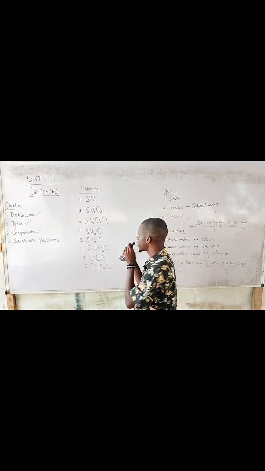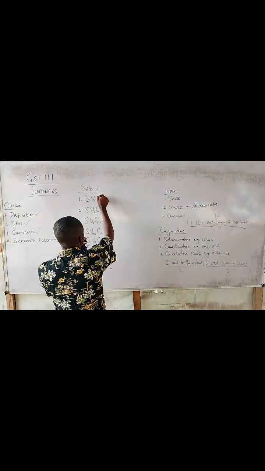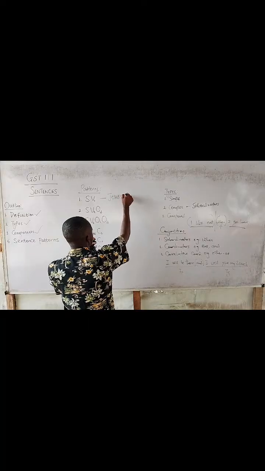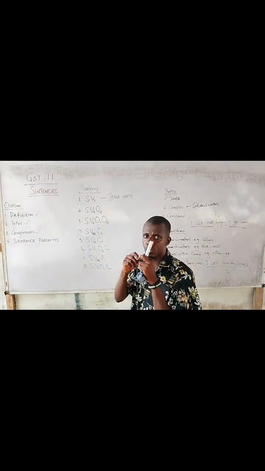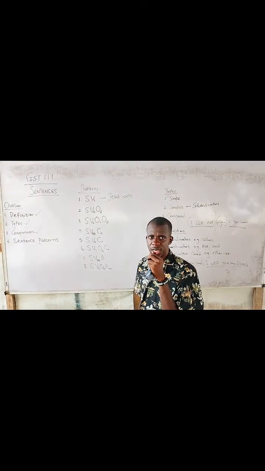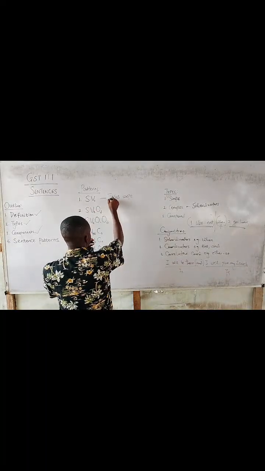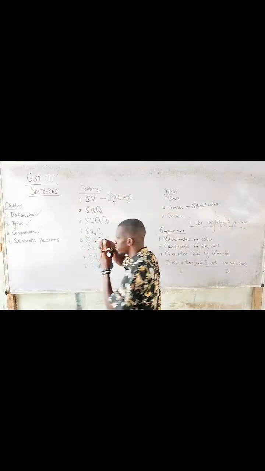Alright? A typical example is in the expression contained in John 11, verse 35, where the Bible told us Jesus wept. Jesus wept. You see that? Good. So, we have Jesus as the subject and we have wept as our intransitive verb.